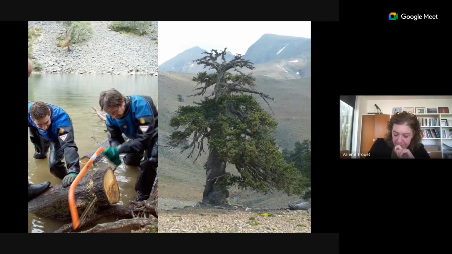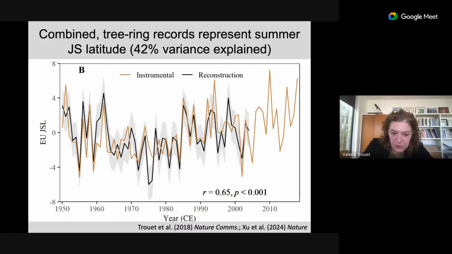Then if you compare that to the jet stream position, is what you see here. This is now just over the instrumental period. The orange line is instrumental measurements of how far north or south the jet stream was positioned each year from 1948 to now.